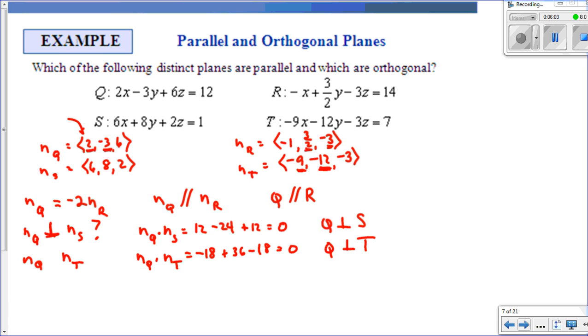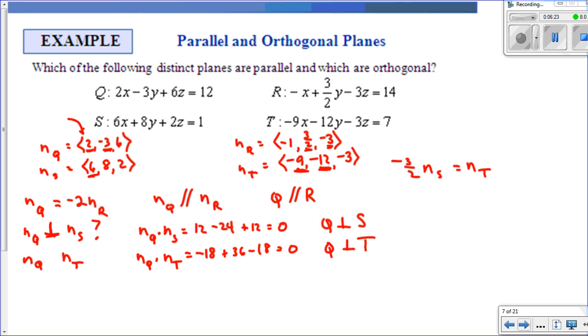None of them are going to be real simple to check. Let's look at NS and NT. So if I took NS times a negative 3 halves, it should give me NT. I can get that by just taking the first component divided by the second component and reducing.